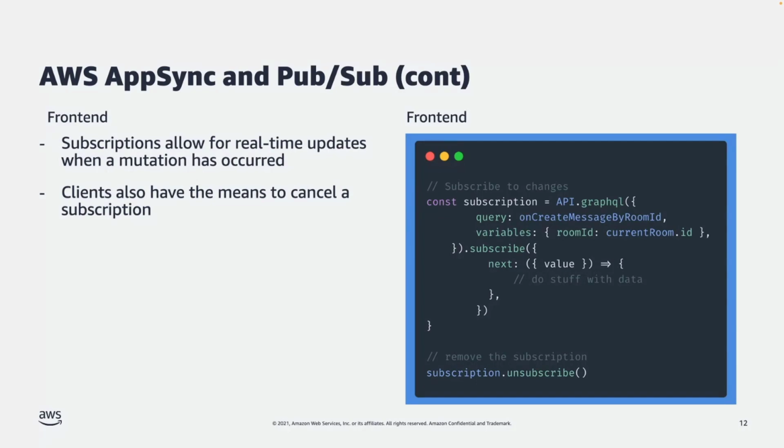AWS Amplify, using its JavaScript libraries, gives us a way to do just that. We simply pass it a query, which is going to be a subscription that is automatically generated via that command that we just saw. And then the front end is in charge of doing whatever they want with that data that gets received.